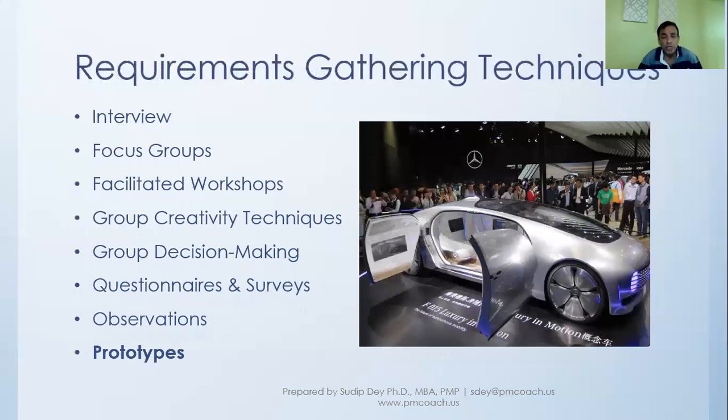Then there are these prototypes. Prototypes is where you know that you have to build a full thing, but you don't spend time on the full thing. You build a prototype, a smaller version, which can be changed, modified and tuned very easily without much cost.